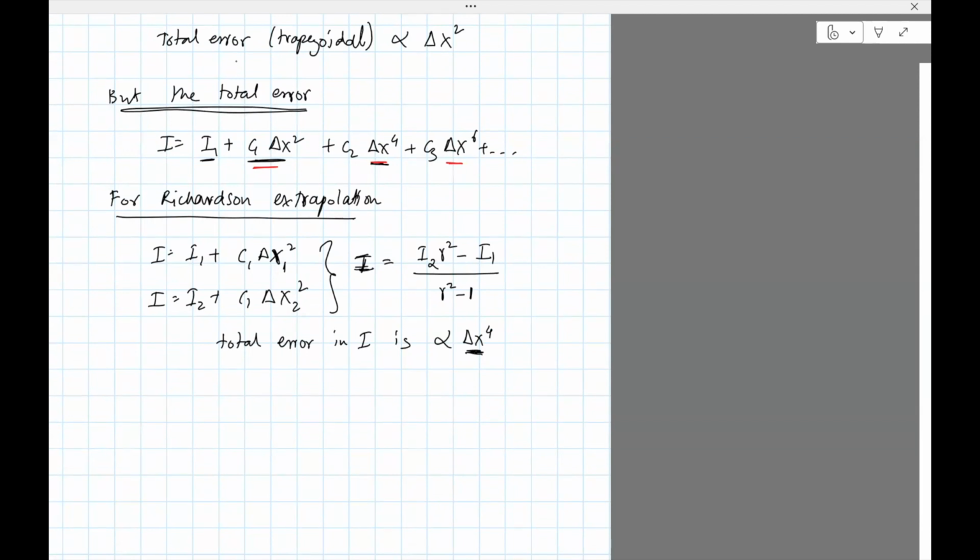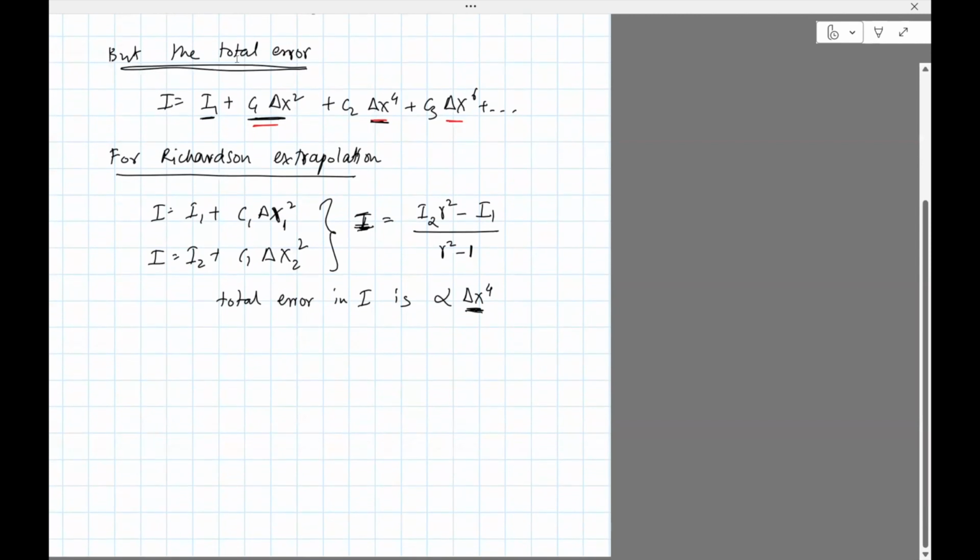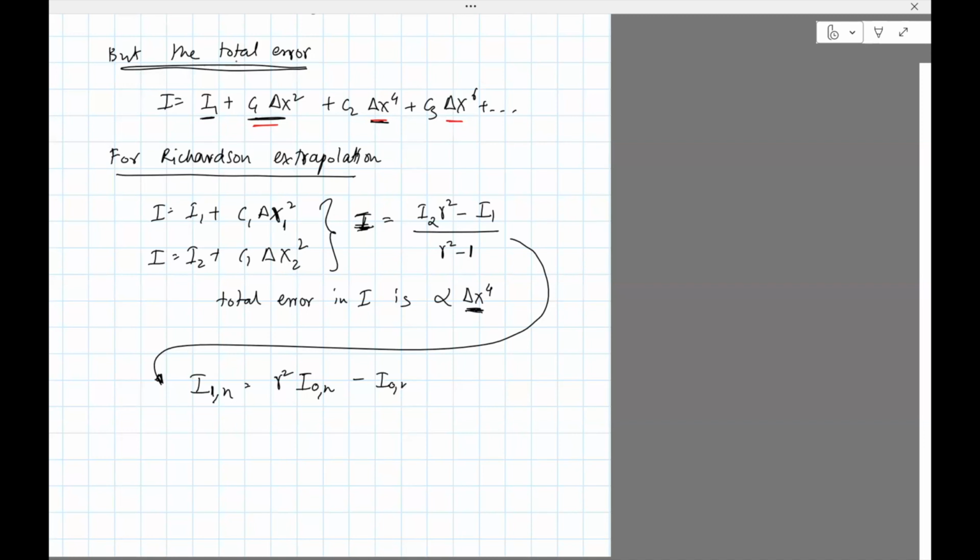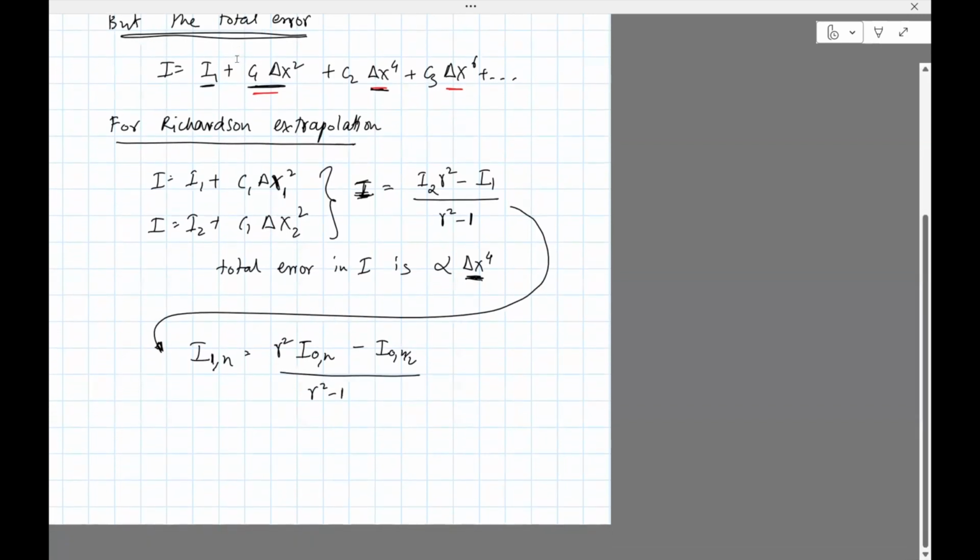To explain what I'm trying to do, let me rewrite this in the following way. Let me call that I1,n equals r square I0,n minus I0,n divided by 2, over r square minus 1. So what I did was, let's assume that the first step of an iteration you're doing is the 0th iteration.